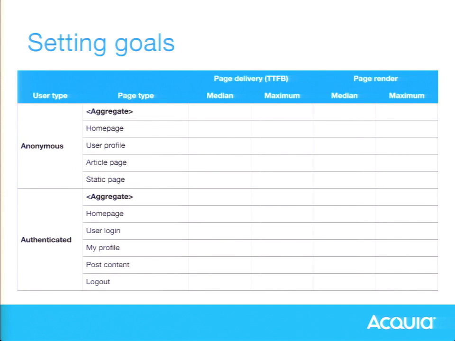So this table here is an example of a good way to build performance goals. If performance goals are about quantifying the performance of a site, the goals should be well defined as well. So the spreadsheet here, these slides will be online after the talk.